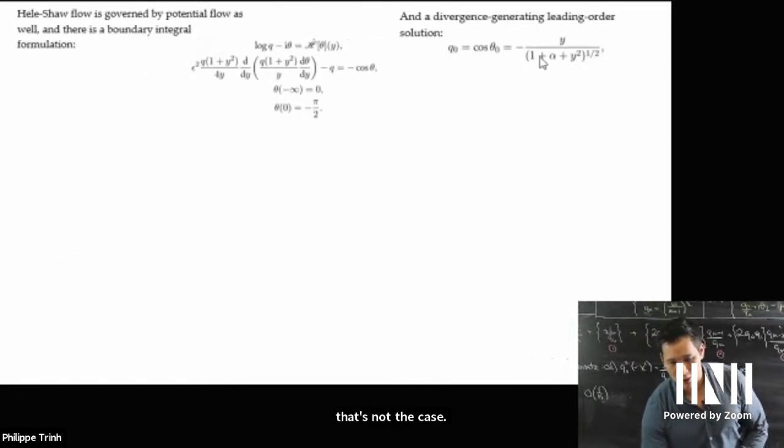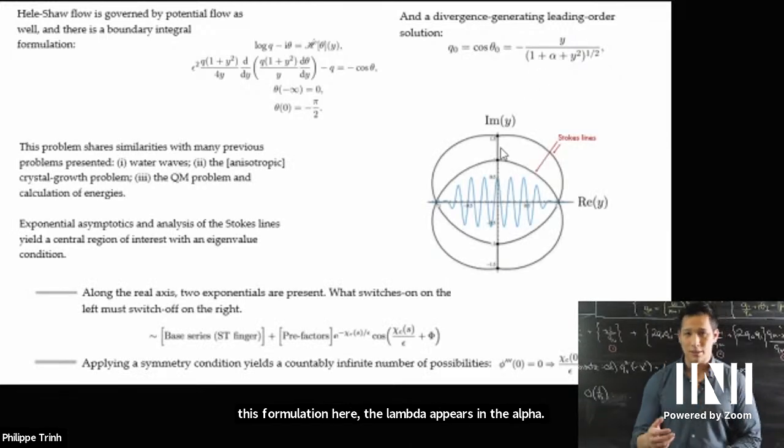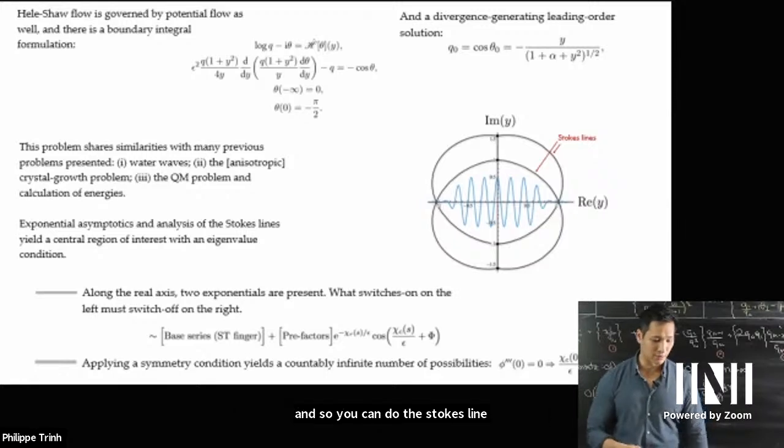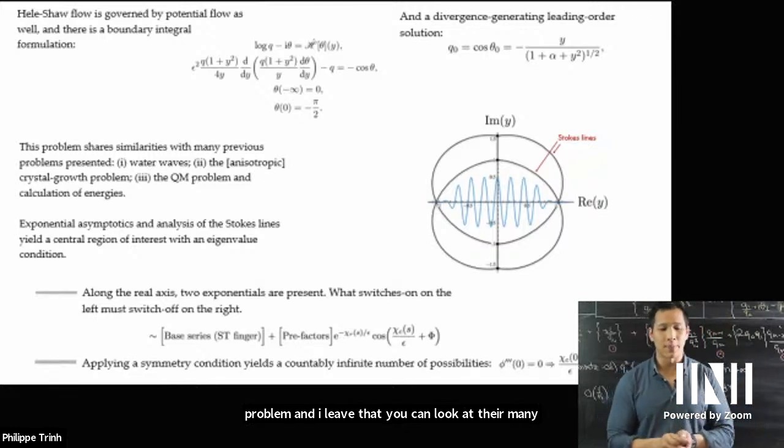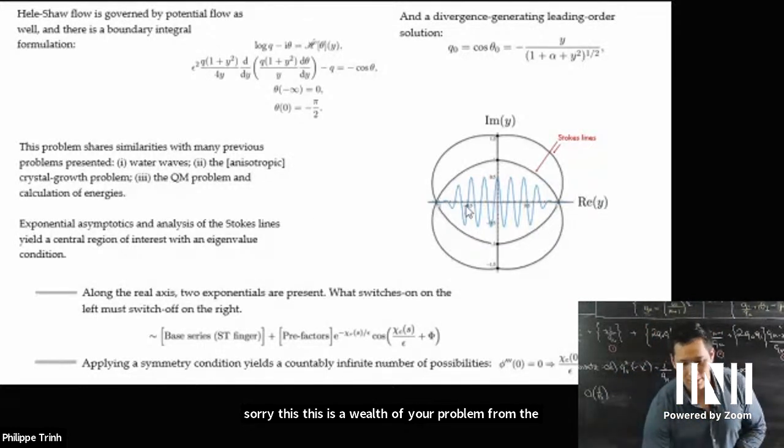In this formulation here, the lambda appears in the alpha. And so you can do the Stokes line analysis for this problem, and I leave that. You can look up, there are many, sorry, this is a well-studied problem from the 80s to the 90s. And the punchline is that there are two singularities, one in the upper half plane near where my mouse is, 1.5 here, one in the lower half plane, and those generate sets of Stokes lines.